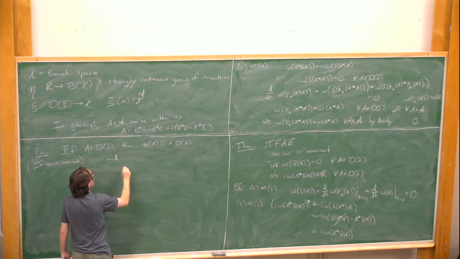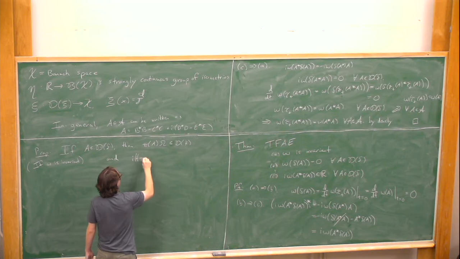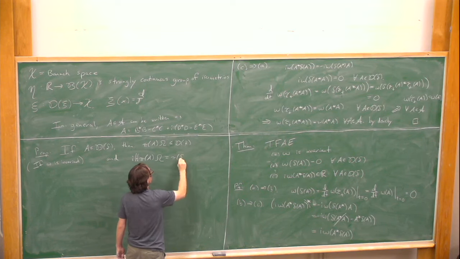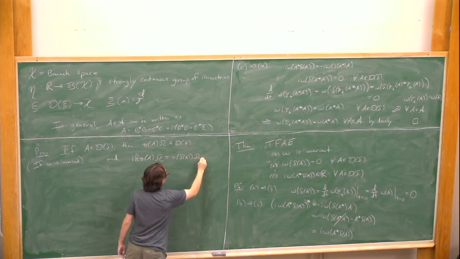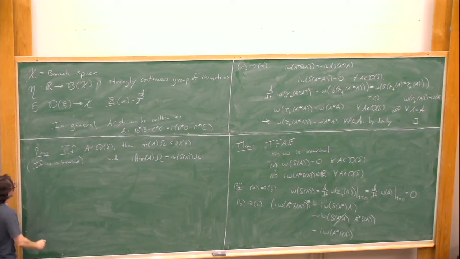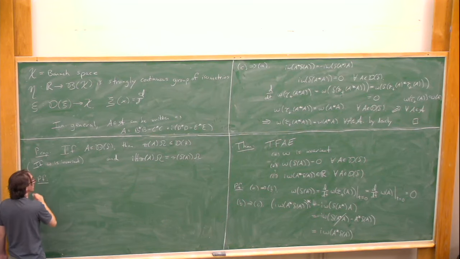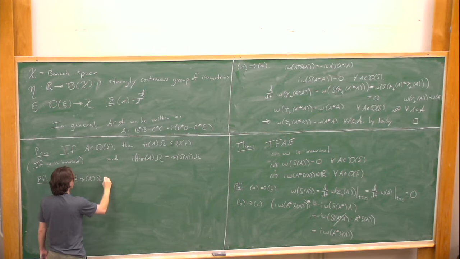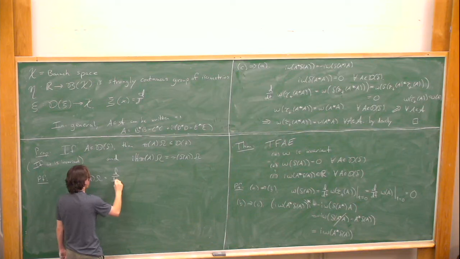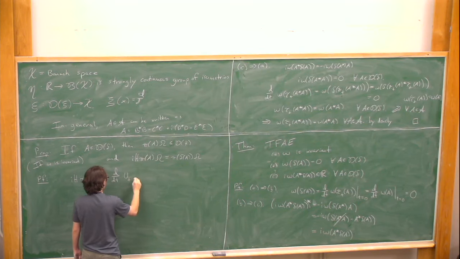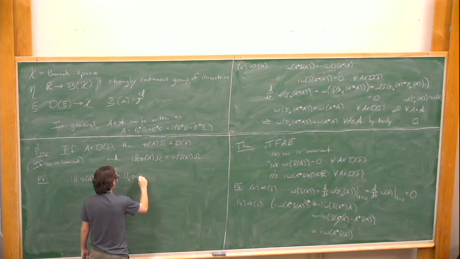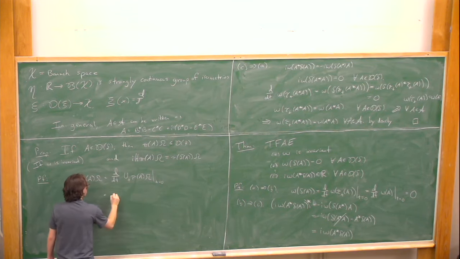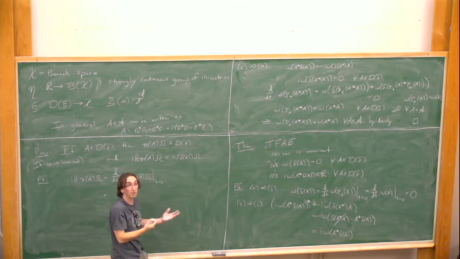And IH pi A omega, I can evaluate this explicitly. It's pi of delta of A omega. OK, so proof is extremely simple. By definition, IH omega is the derivative of U t pi A omega evaluated at t equals 0. And now I use the property of this U t.